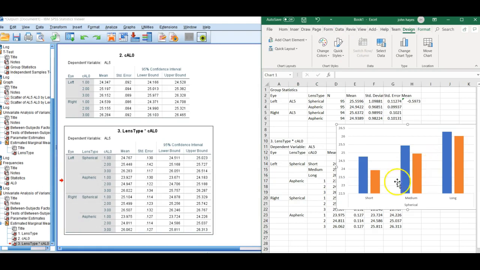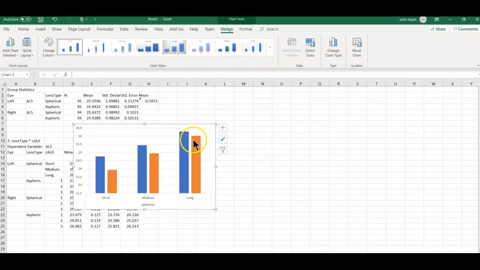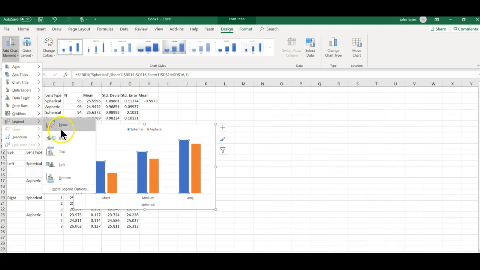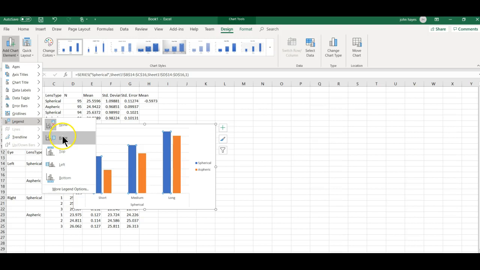And we can see that, well, let's, for a second here, let's go to design, add a chart element. Let's put our legend at the bottom.